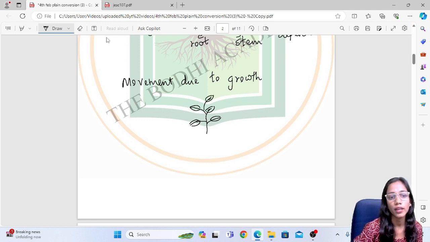For example, if the stems are growing in the forward direction, in this direction, what is the stimulus which is making this plant grow in this direction?